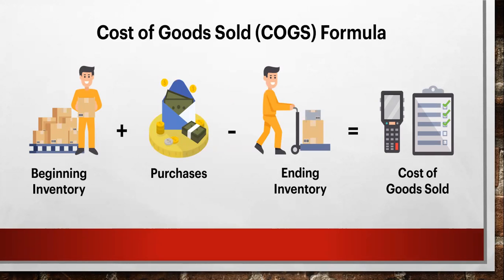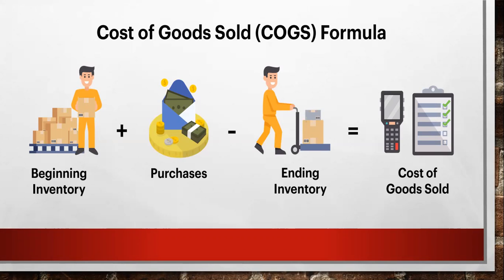You can see over here, I have told you the first type of how to calculate cost of goods sold. That is cost plus profit is equal to sales. So in this equation, there is a cost. So cost is equal to your cost of goods sold. This was the first. This is the second way to calculate cost of goods sold. Okay. So beginning inventory, you can say as an opening inventory.